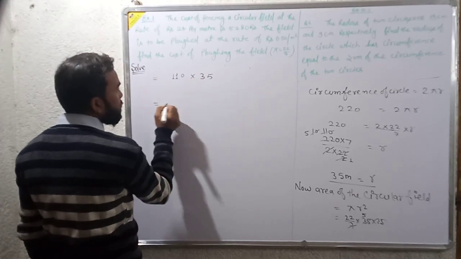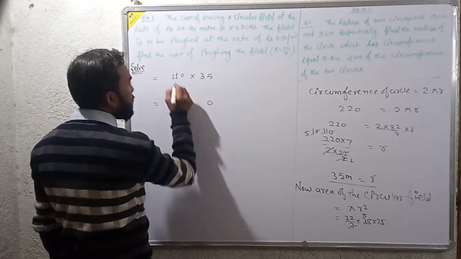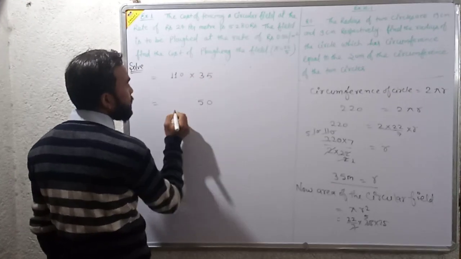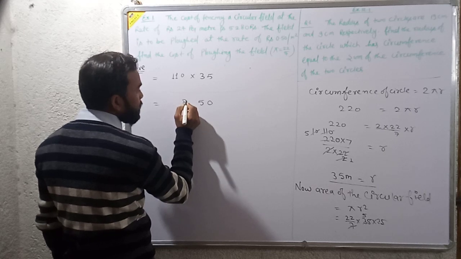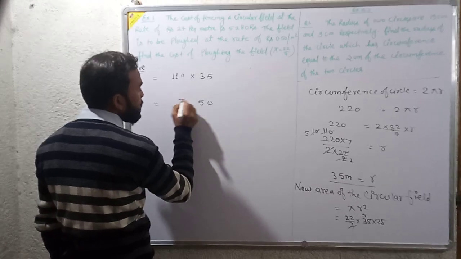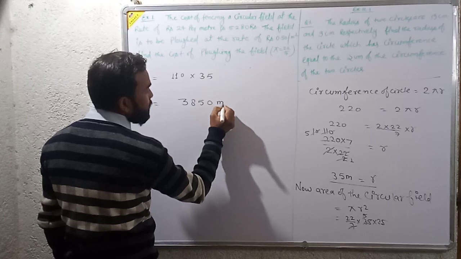So it will be 0, 11 fives are 55, 11 threes are 33, 33 plus 5 is 38, meter square.